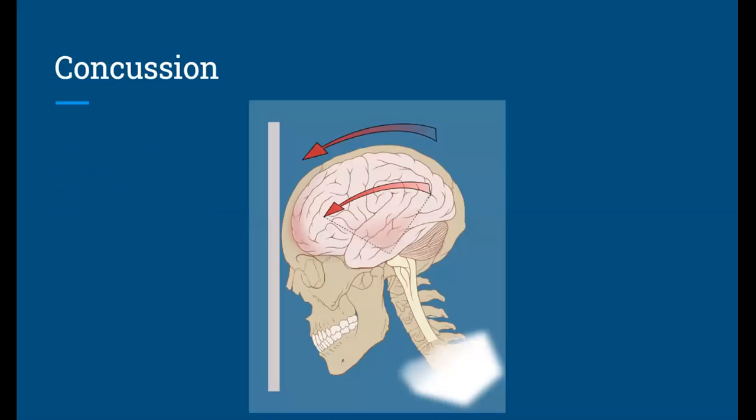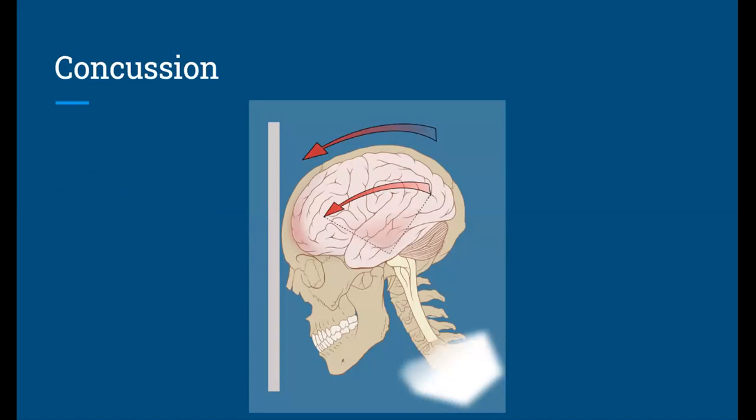So then concussion. This is when your head bangs against something or something hits your head. For example, your head hits a wall or some ball or a bat or something comes and hits your head.